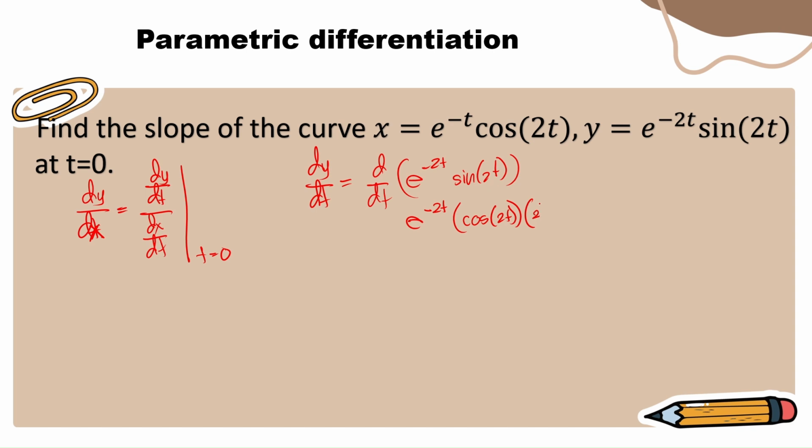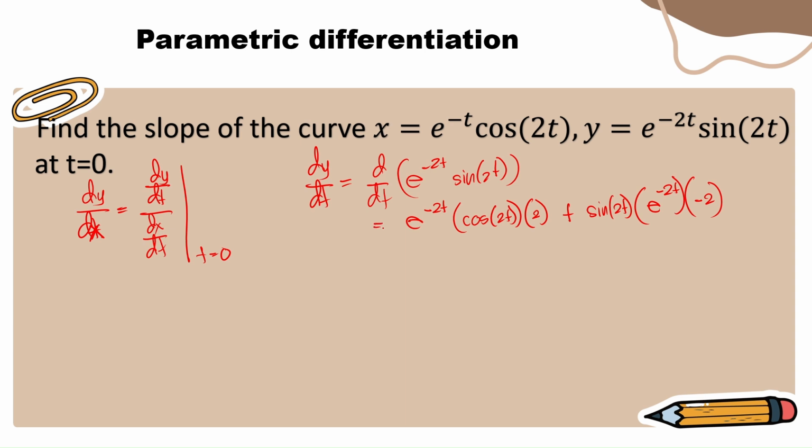which is simply 2. Then add, copy sine 2t, then perform the derivative of e raised to negative 2t. So the derivative of e raised to negative 2t is e raised to negative 2t, then multiply it with the derivative of the exponent, which is negative 2.